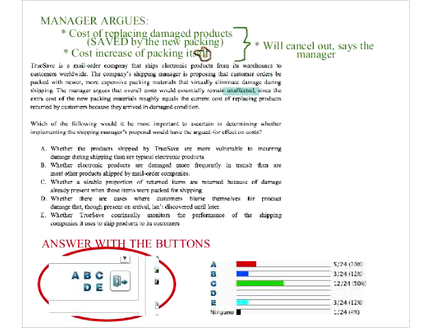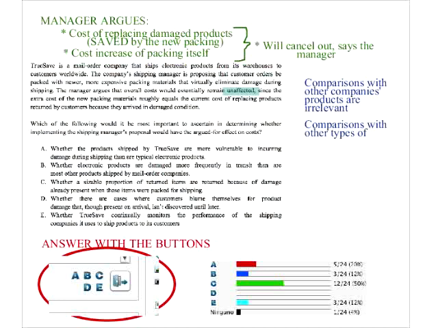If you look at what's going on here, we are only talking about TrueSave's own products. So any sort of comparison with other products is not going to help. We need to talk about only the products that TrueSave carries. So in other words, comparisons with other companies are irrelevant. And also, on top of that, comparisons with other types of products are irrelevant, because those comparisons don't have anything to do with this comparison.